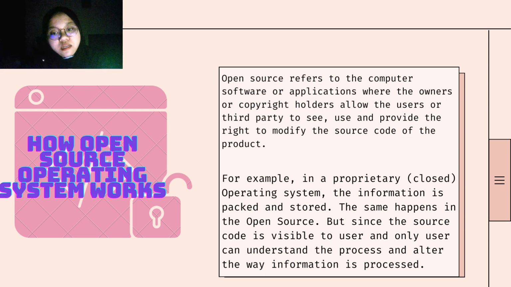For example, in a proprietary, closed operating system such as Windows and Mac OS, the information is kept and stored. The same happens in open source, but since the source code is visible to users, they can understand the process and alter the way information is processed.